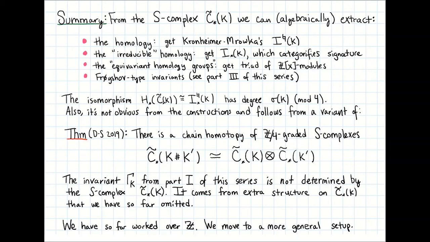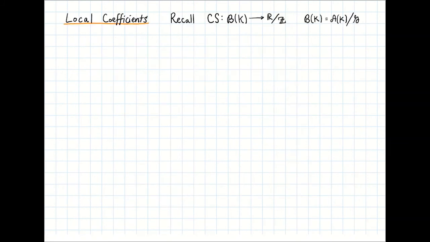The first point to make is that so far we've worked over the integers, and we're going to generalize that to the setting of local coefficients. A lot of this follows ideas of Kronheimer and Mrowka. Recall that we have a Chern-Simons functional defined on a configuration space of singular SU(2) connections for the knot.